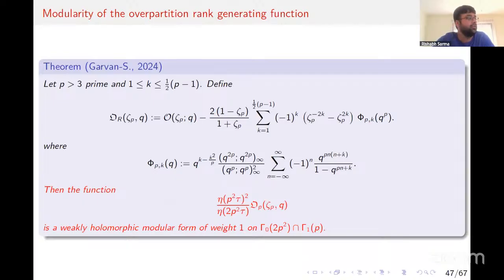We see that the overpartition function, the two variable function where we are replacing z by the root of unity zeta_p, minus this correction factor, where this time the phi_p is defined by the following series, times this product, it's a different product this time, the quotient of these two eta products, times the adjusted overpartition rank generating function, is a weakly holomorphic modular form of weight 1 on the large congruence subgroup Gamma_0(2p^2) intersection Gamma_1(p).